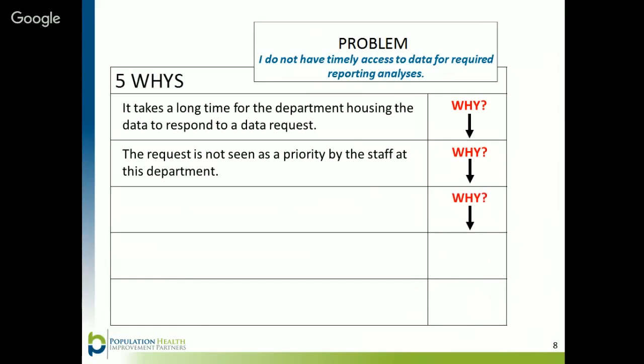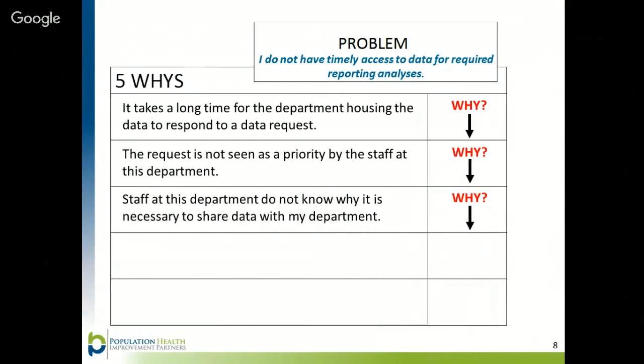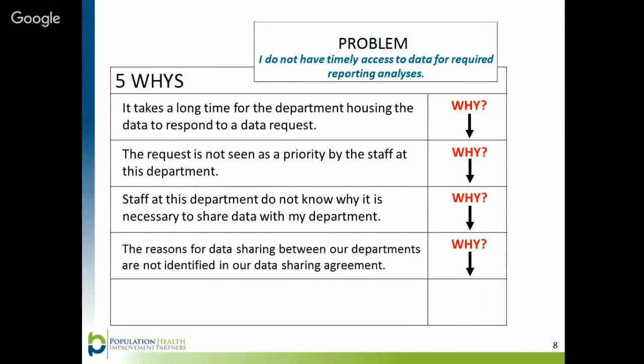Why? The staff at this department do not know why it is necessary to share data with my department. Why? The reasons for data sharing between our departments are not identified in the data sharing agreement. Why? The data sharing agreement is outdated.